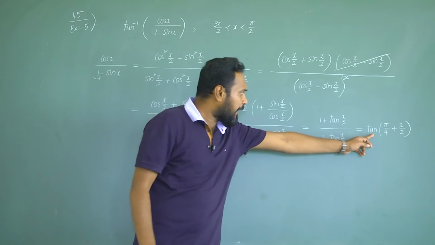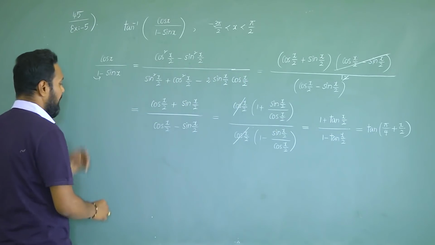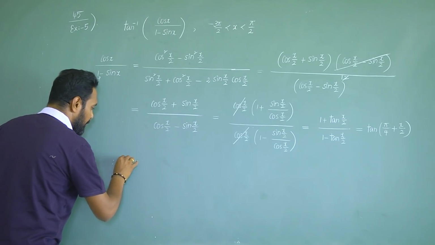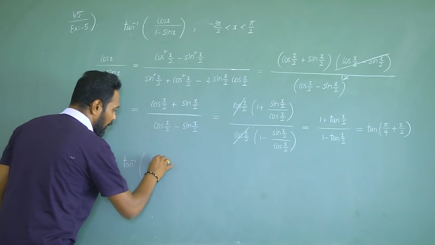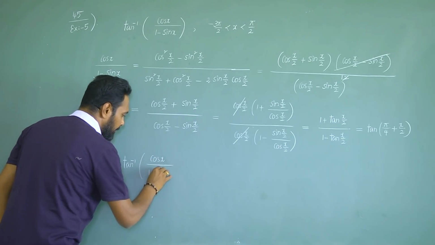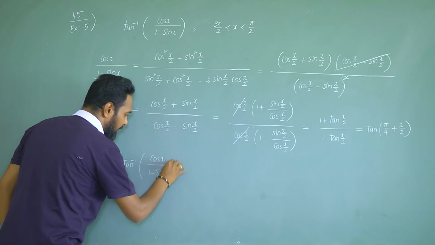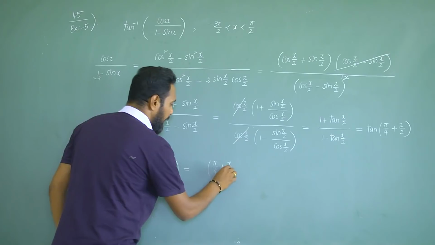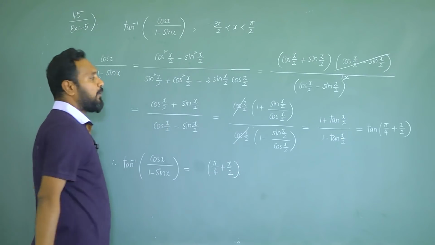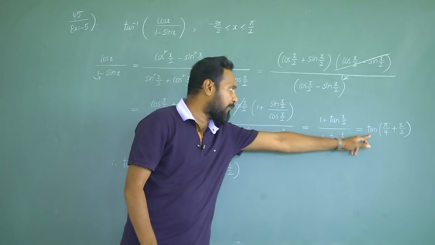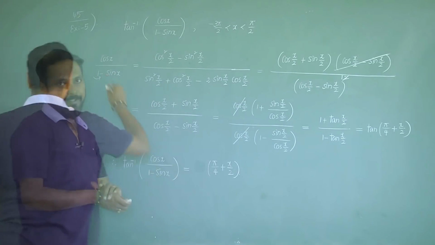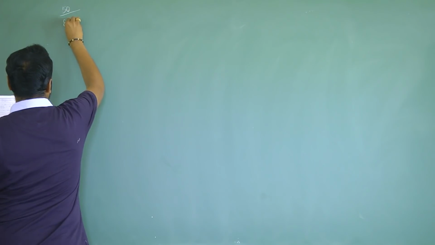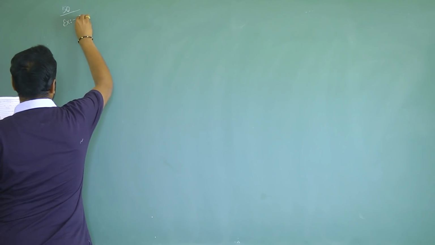If I take this tan function to the left hand side, then for the given problem you will get tan inverse of cos x by 1 minus sin x equals pi/4 plus x/2. Next one is page number 50, example 12.